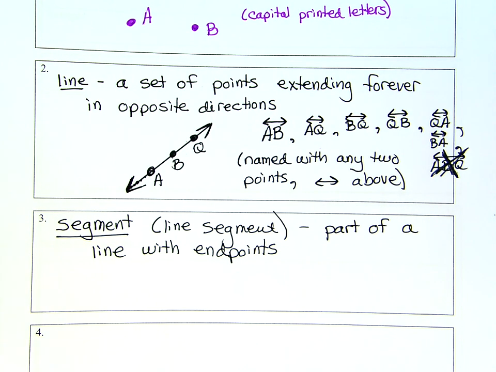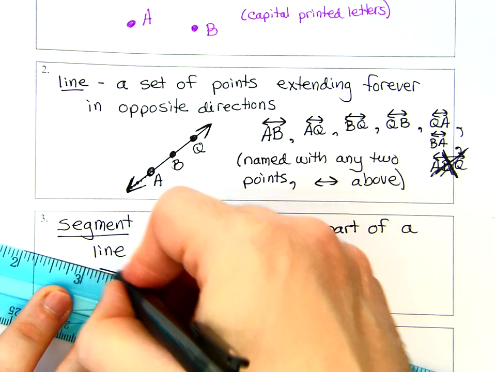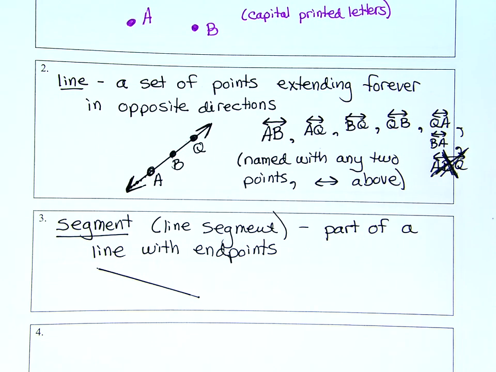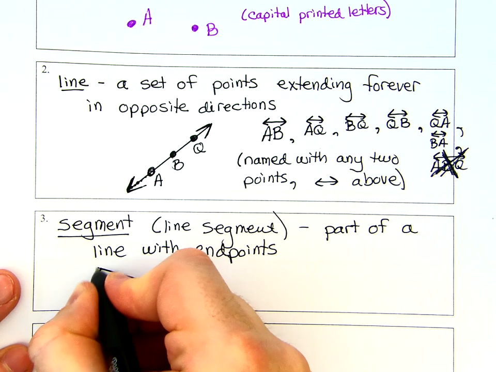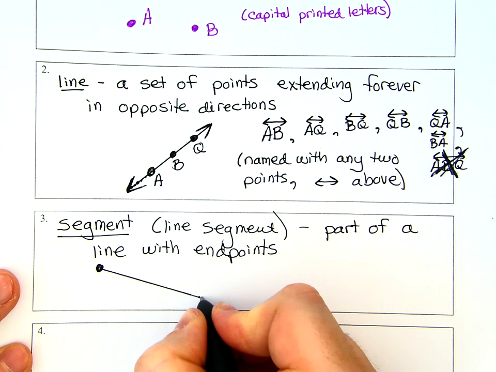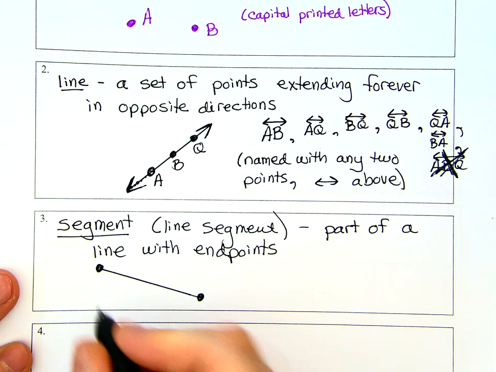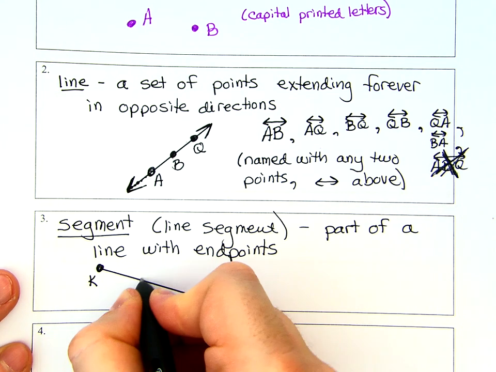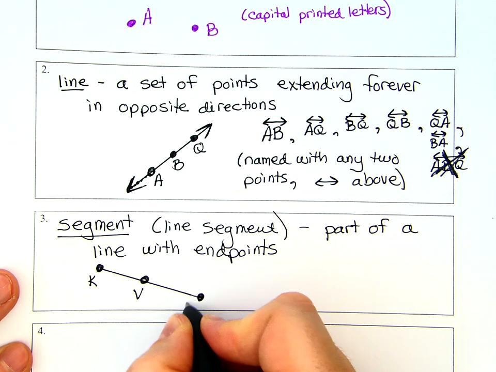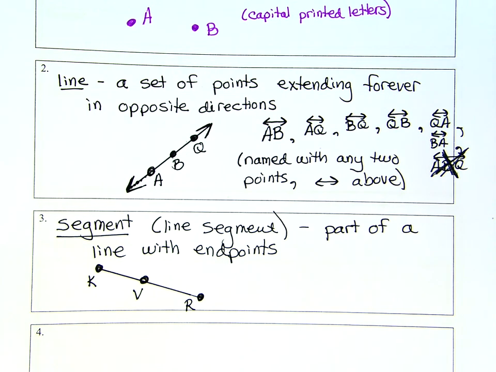A segment, or a line segment, part of a line with endpoints. So I'm going to draw one of these. I'm going to put a big point at the end and a big point at the end there. And I'm going to say K, maybe I'll stick a point in the middle, V, R, no arrows.